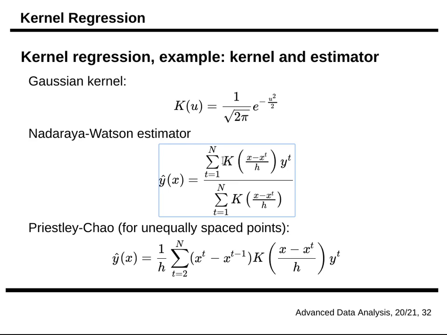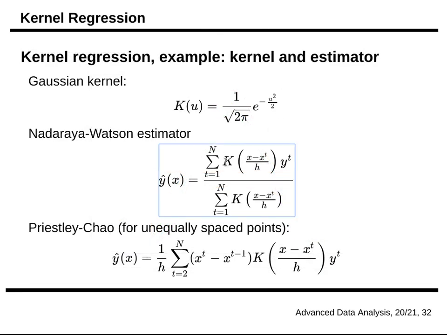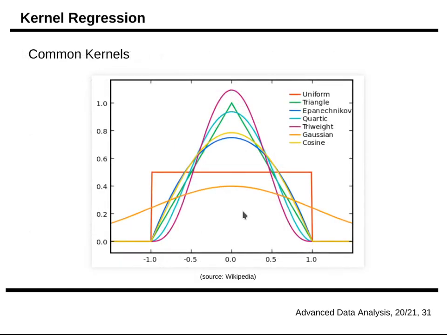So basically, if we use a kernel like this Gaussian kernel, this expression here is the output of the kernel. So the further away a point in our data is from the point where we are estimating the value, the smaller this value would be. You can see the curve here, it's larger near 0, so when the difference is very small, but then it falls away on either side.